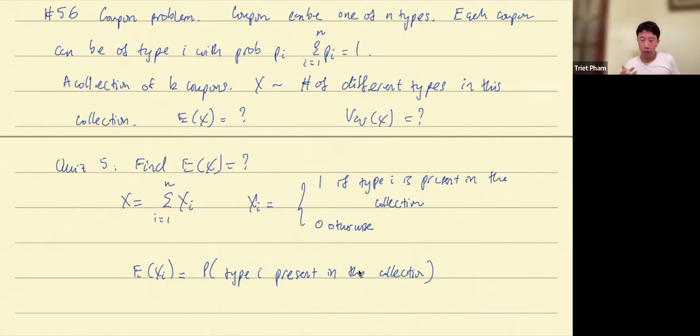But whenever we deal with an "at least" question, meaning 1, 2, 3, and so on, it is possibly easier to look at the complement. So you look at 1 minus the probability that type i is not in the collection.